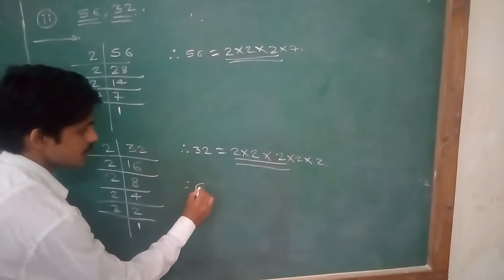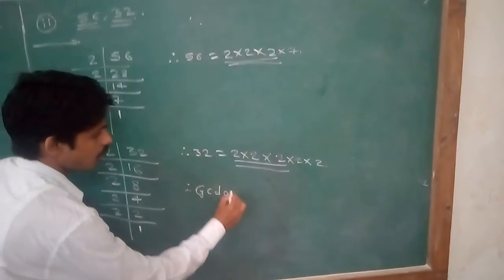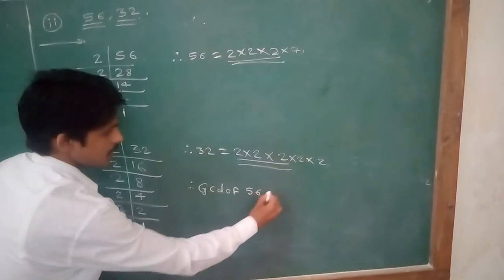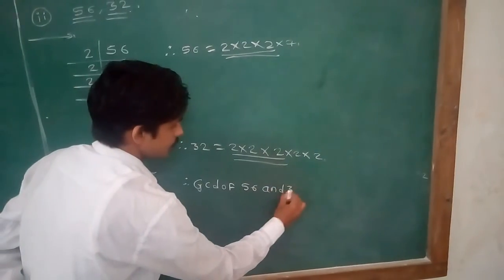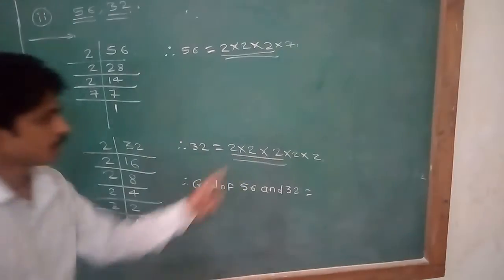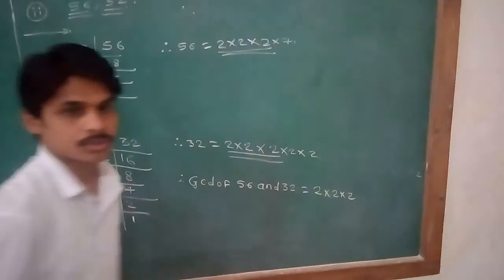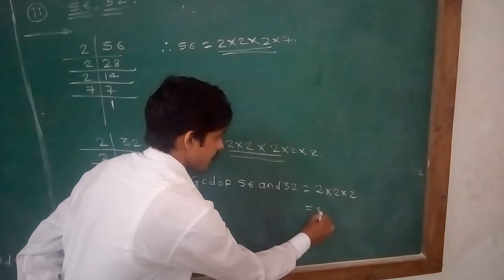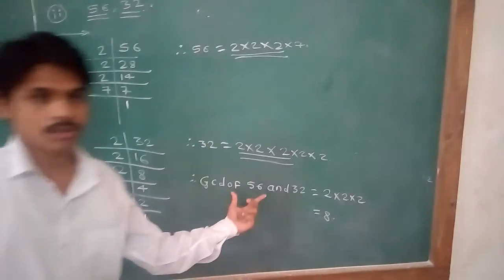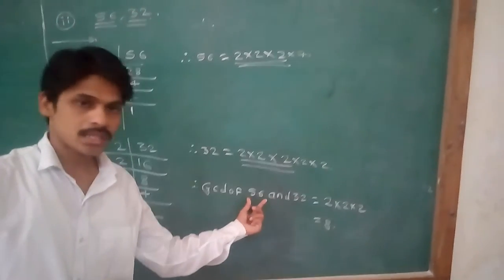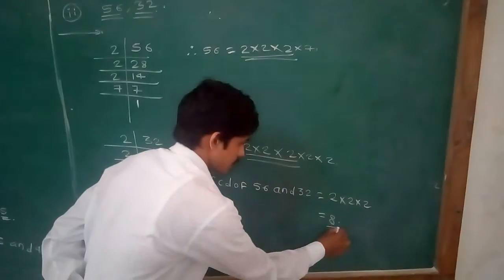Therefore GCD of 56 and 32 is equal to 2 cubed, 3 times 2, that is equal to 8. Therefore GCD, or HCF, of 56 and 32 is 8.